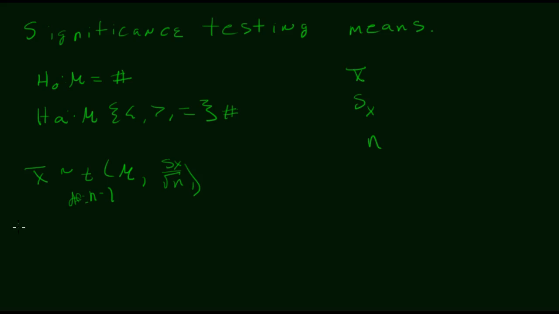And what I want to do is look at that t distribution, which looks a lot like a normal, but it's probably flatter, right? It's going to be centered here.